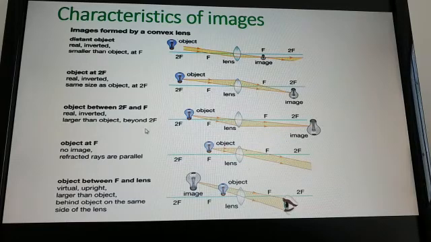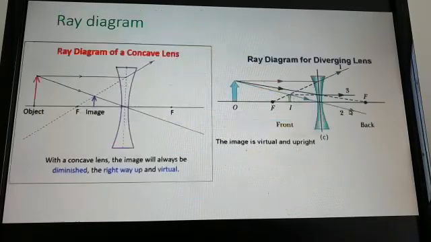These are some characteristics of the image formed by the object placed in different places. Now the ray diagram of a concave lens, or the diverging lens. Here you see, with a concave lens the image will always be diminished, upright and virtual.